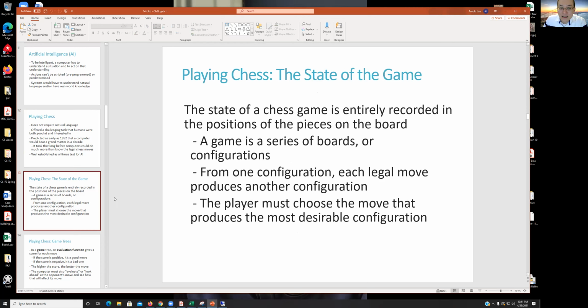Okay, so you basically have the chess game, and you're taking in all of the positions on the board, right? Then you have a series of boards or configurations. I would call them permutations, but basically you have all of the different possible moves that can happen. Because of the way the game of chess is set up, different from checkers, chess has a lot of different moves between all the pieces, so there are a lot of combinations, right?